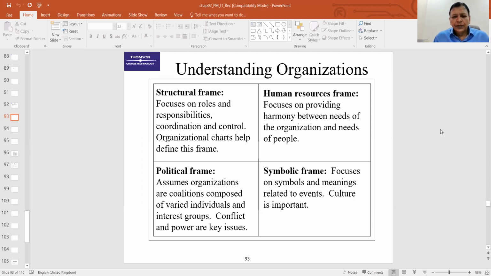Number 3 is the political frame, which assumes organizations as coalitions, because with top management, middle management, and lower management, there is a situation of conflict between power and roles. The 4th is the symbolic frame, which focuses on symbols and meanings related to events. So culture is very important in such organizations.